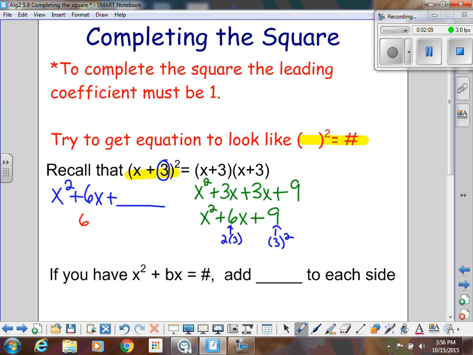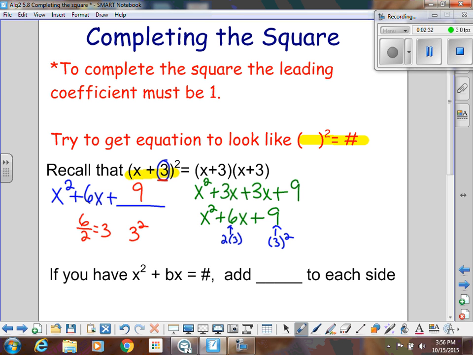To get from 6 to 3, I would divide it by 2, right? So 6 divided by 2 gives me 3. Now I have this number that's in the parentheses. And we just said that the way we get to 9 from the 3 is by squaring it. So I'm going to do 3 squared, and that gives me the 9.